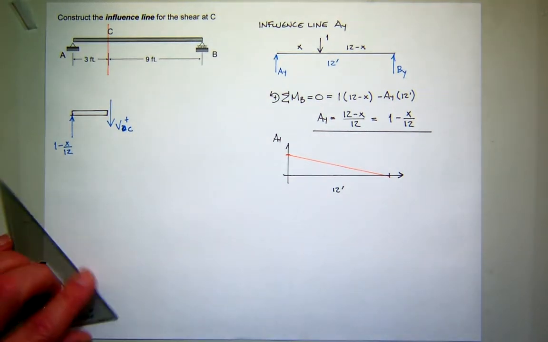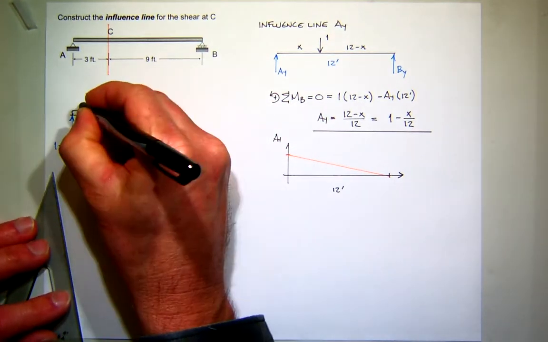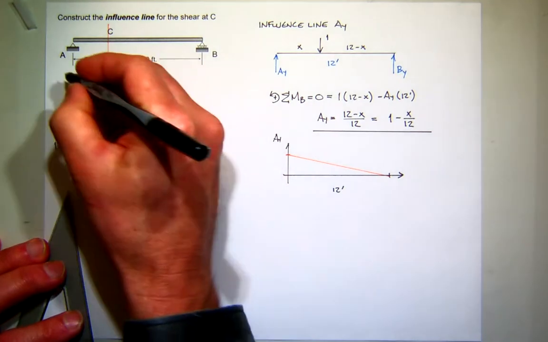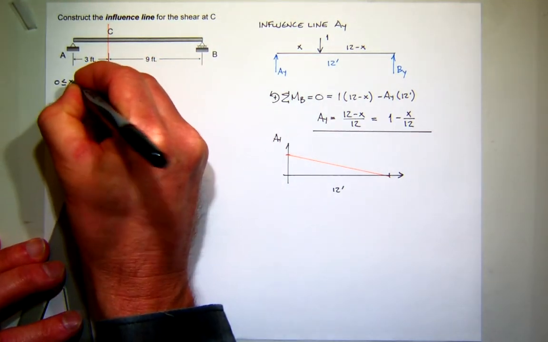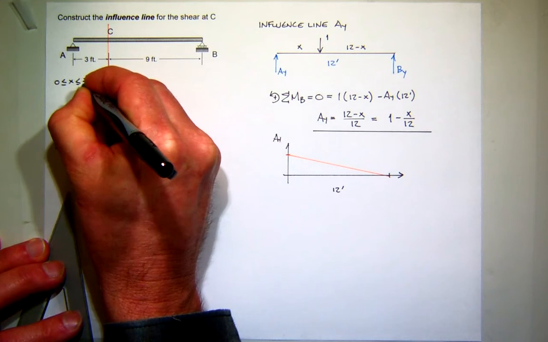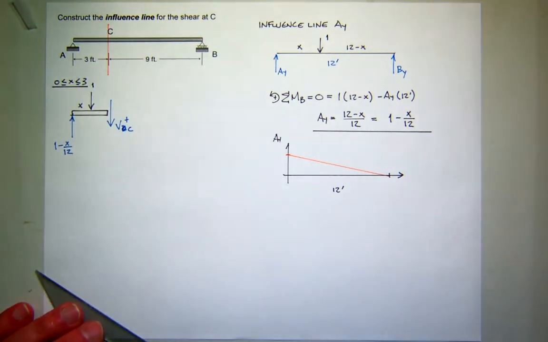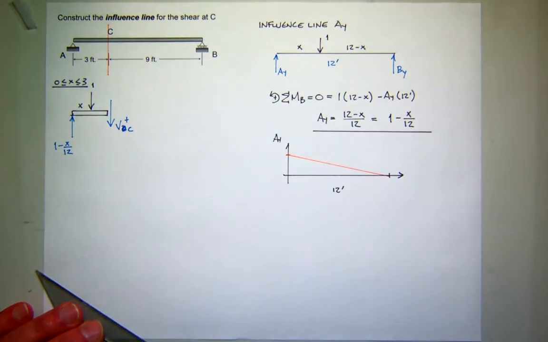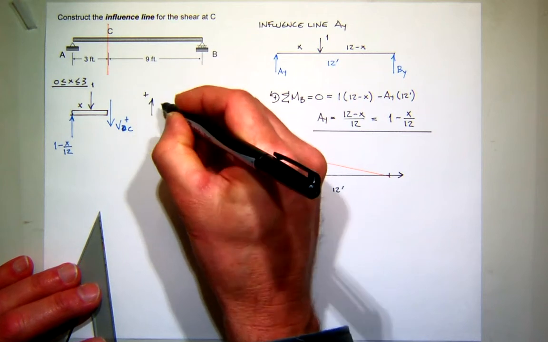Now in the first case, I'm going to assume my unit load is on this structure at some distance X with a value of 1. So this will be good for what? This will be good for a position X between 0 and 3. How do I find the shear at C? Sum forces in the Y. So let's do that. I'll assume up is positive.